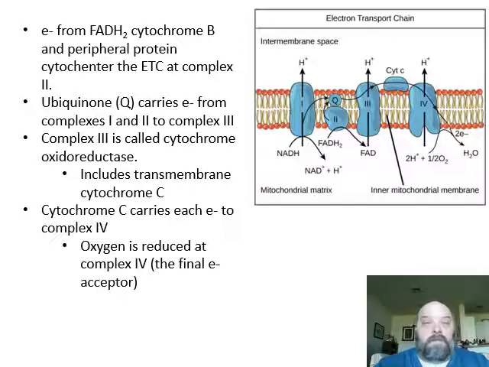Once 4 pumps, takes that now regular electron, passes it back to hydrogen, and combines it with oxygen. Done. Minimal waste due to the second law of thermodynamics.